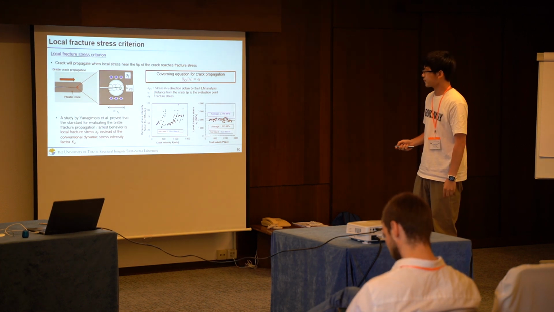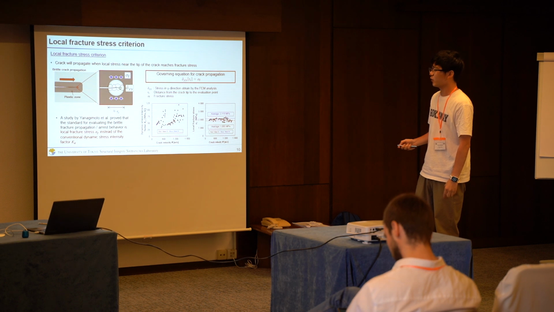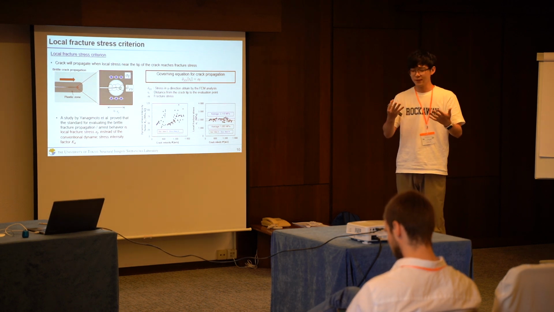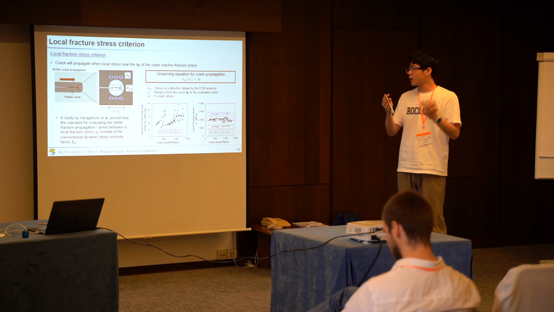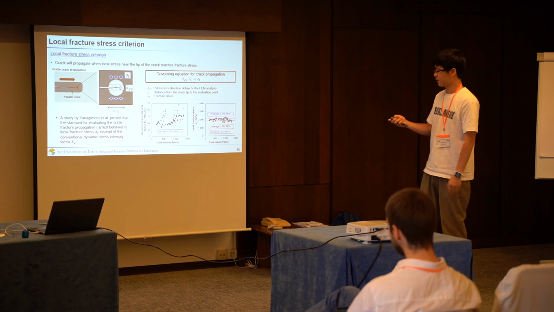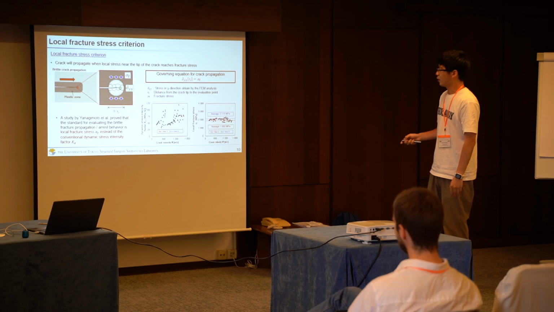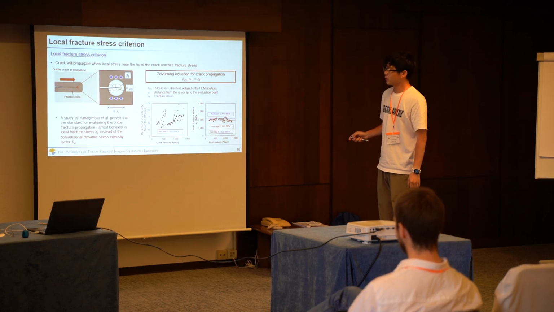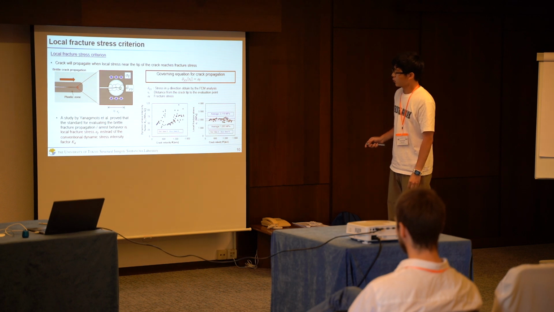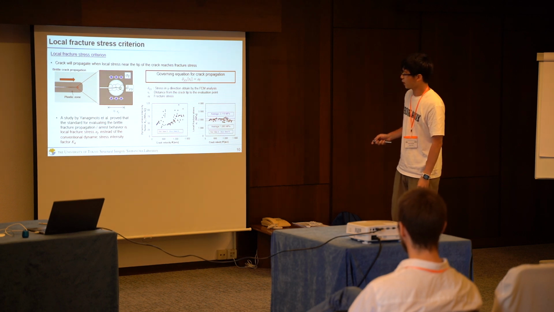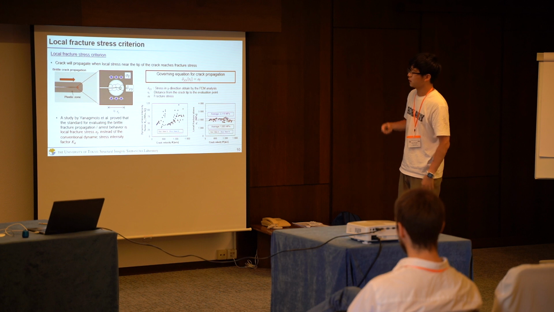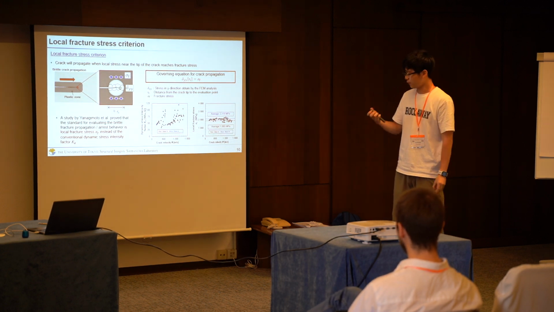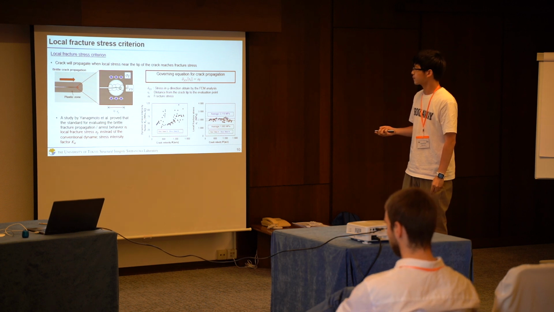You can see KD is not a constant at different velocities. So maybe in brittle fracture, we can't use the stress intensity factor. A recent study shows that in the brittle fracture condition, the local fracture stress remains constant even at different velocities. So our model will be developed based on this very important criterion.